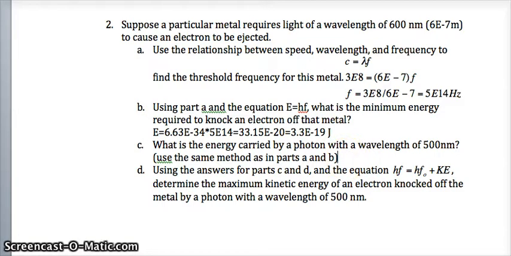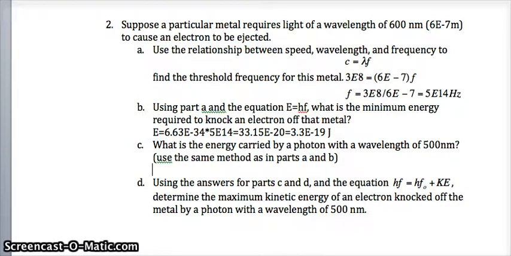Okay, so the next problem says, what's the energy carried by a photon with a wavelength of 500 nanometers? For here, you're going to do the same kind of thing. You still need to find the frequency using that the speed is equal to wavelength times frequency, but instead of c equal to 3 times 10 to the 8th divided by 6 times 10 to the negative 7, it's now going to be 5 times 10 to the negative 7, which gives us 6 times 10 to the 14th.